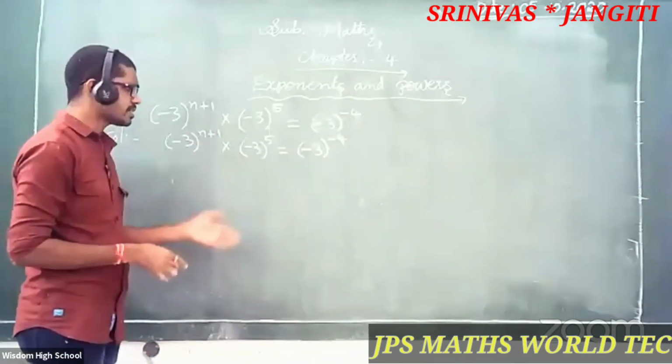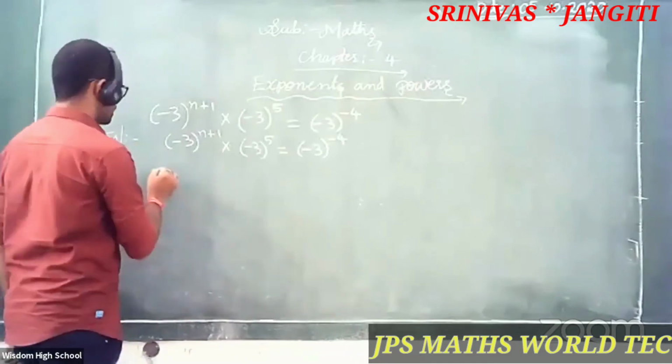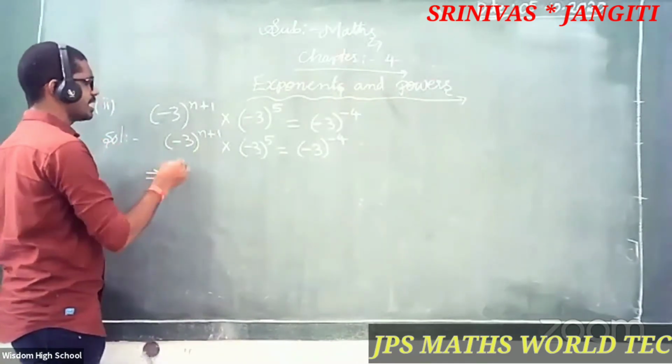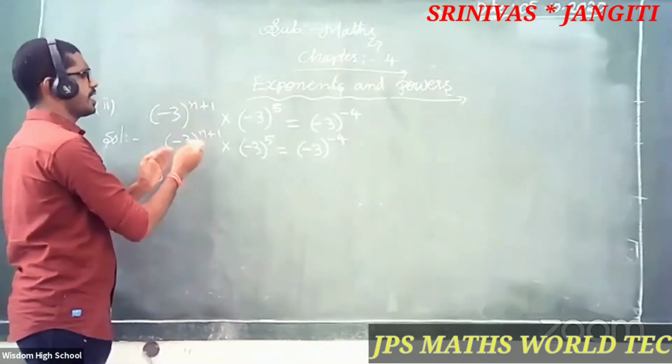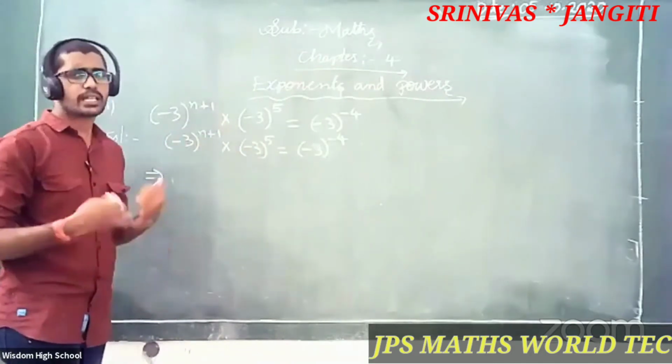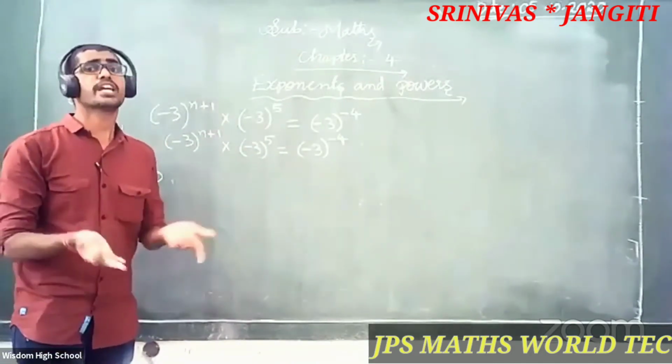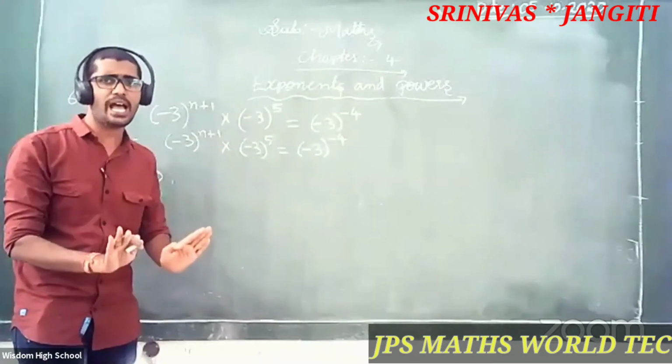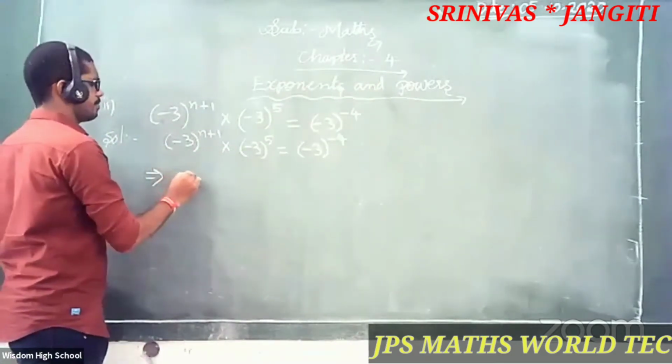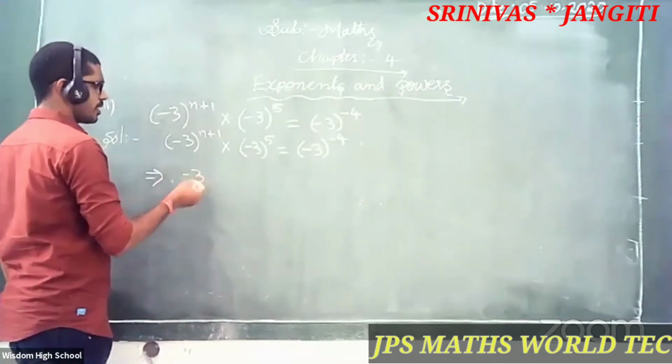It looks like x^m × x^n, and the result is x^(m+n). So we go: minus 3, right?